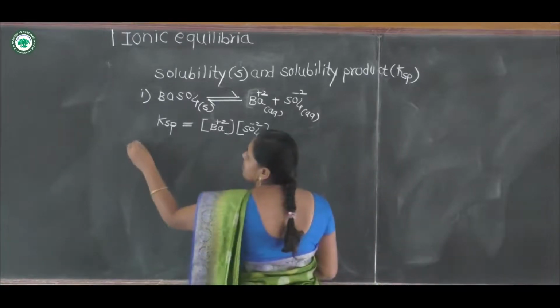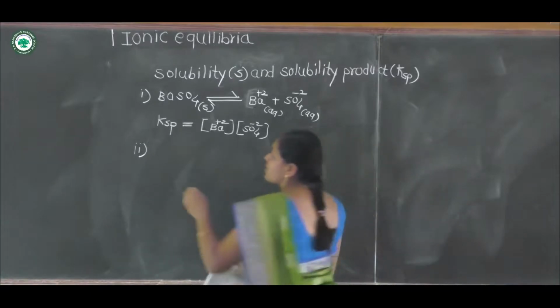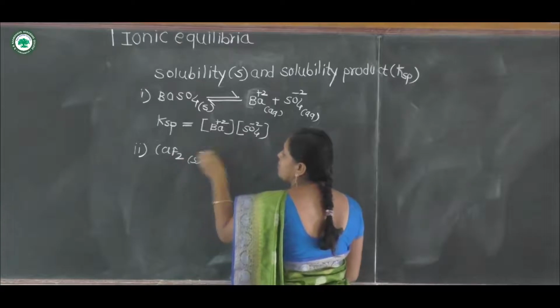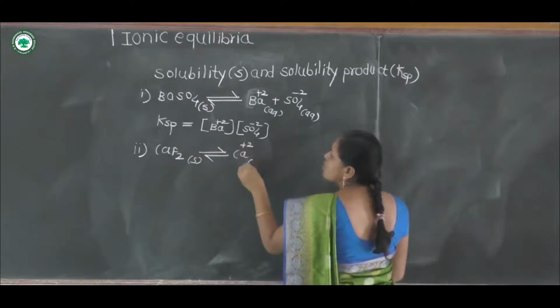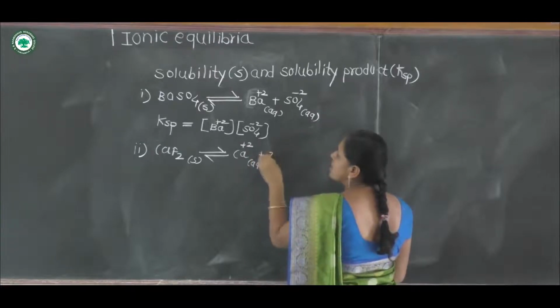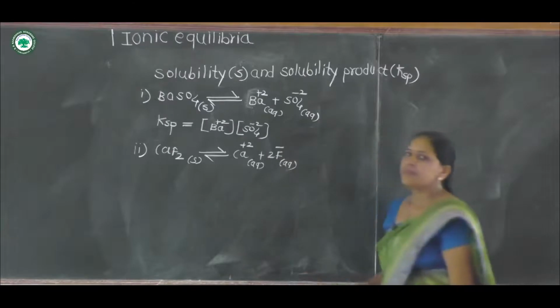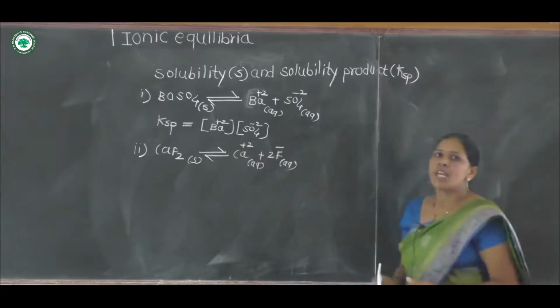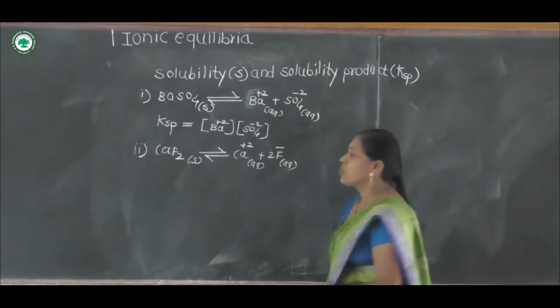Then second example, how to write solubility product of calcium fluoride. Calcium fluoride CaF2 can be dissociated into calcium 2+ ion plus twice fluoride ion. Here the number of moles of calcium 2+ ions is 1 and the number of moles of fluoride ions is 2.